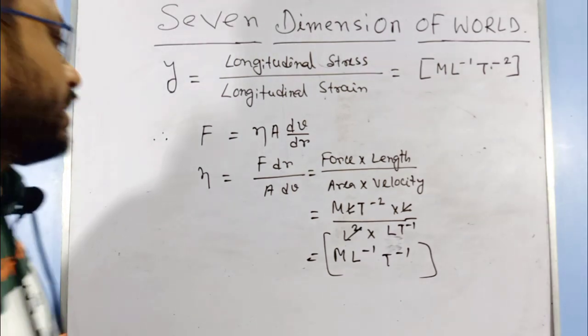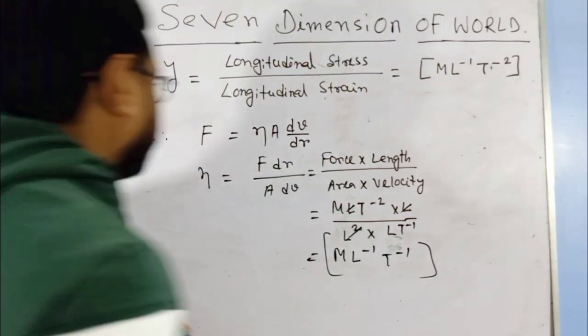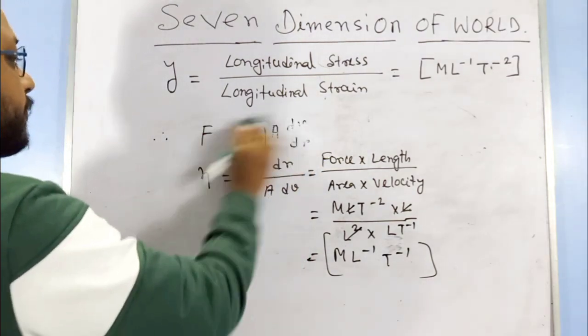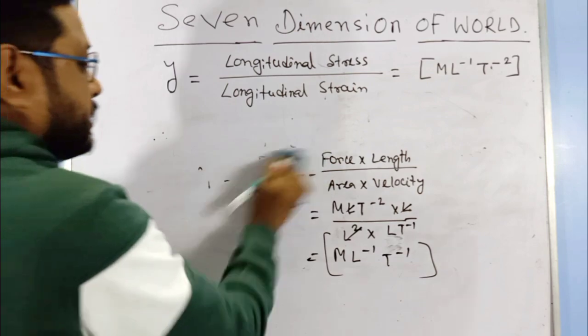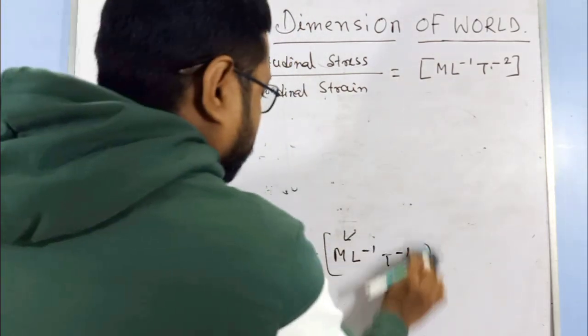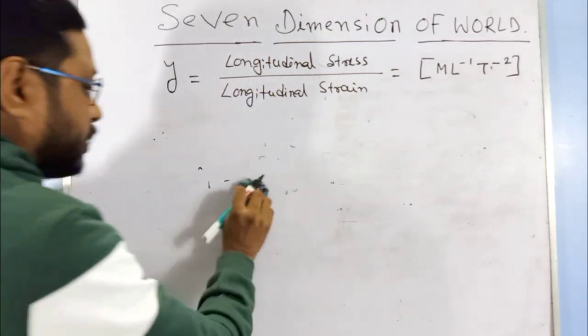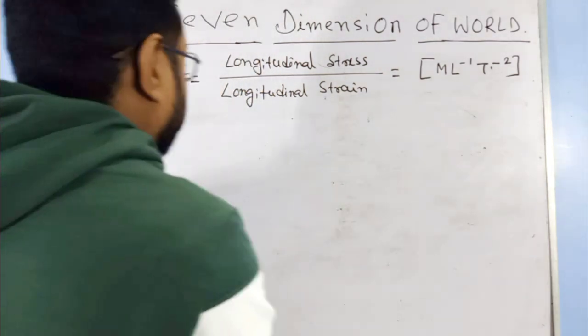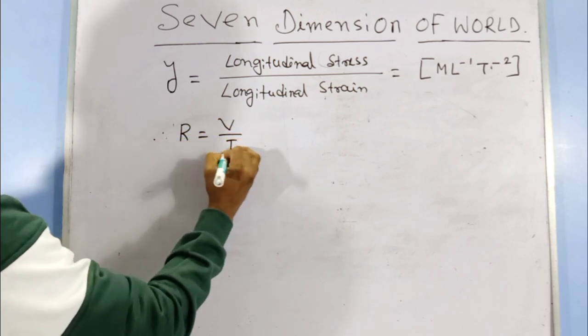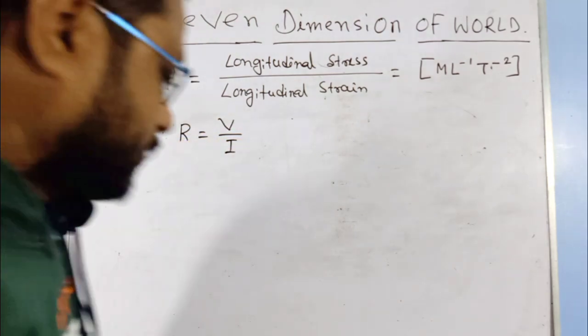So in this way we can find out the dimensional formula of any quantity. Suppose we have to give the dimension of resistance. At first we have to find out the dimension of potential difference, because we know the resistance is potential difference upon current from Ohm's law.